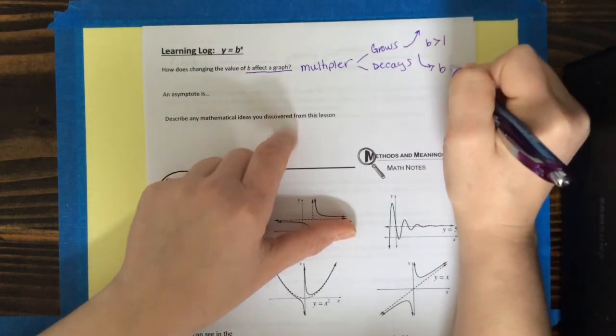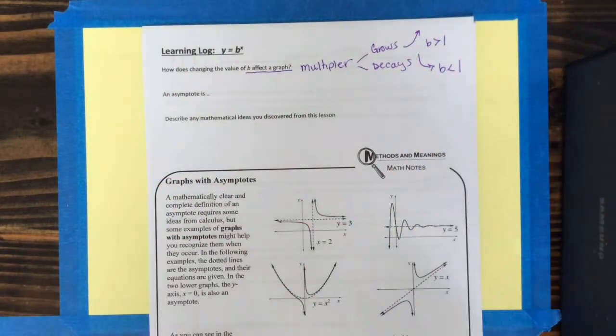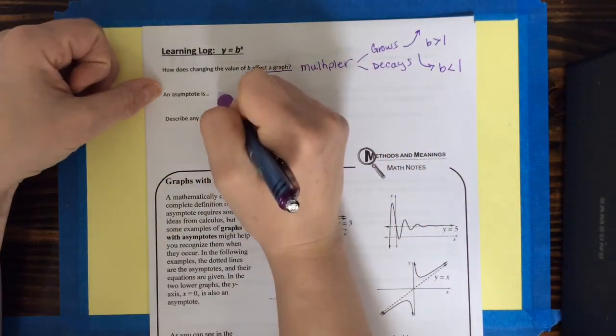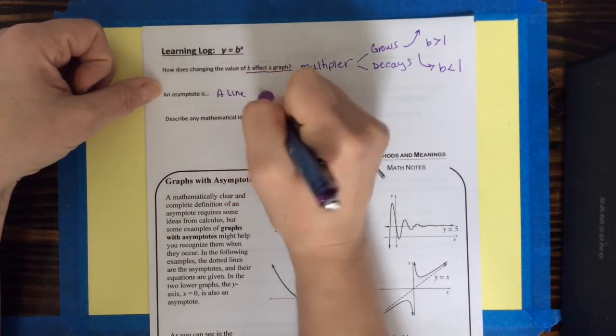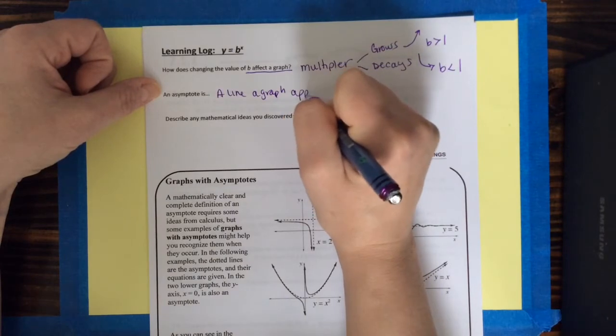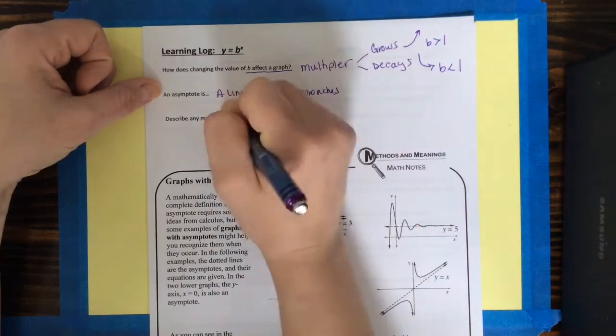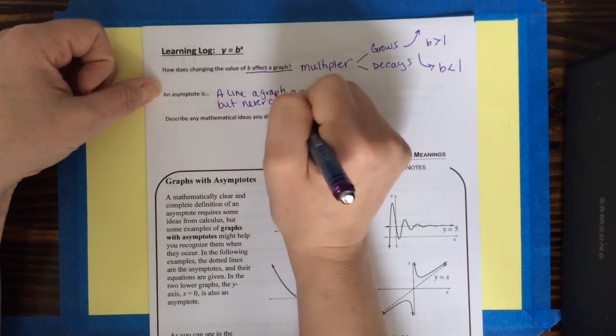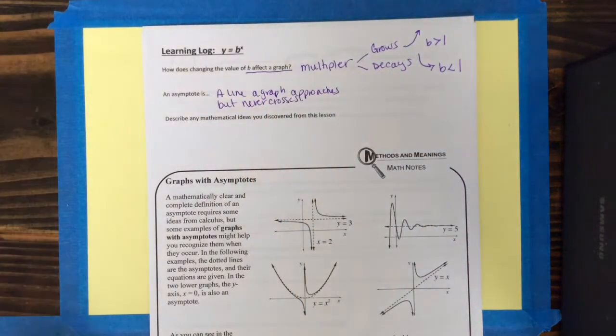If it decays, it is less than 1. An asymptote is a line a graph approaches but never crosses. It gets closer and closer and closer but never crosses.